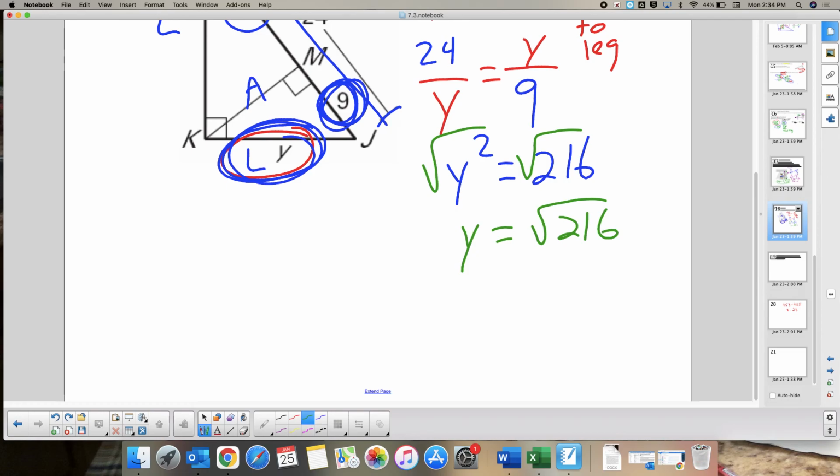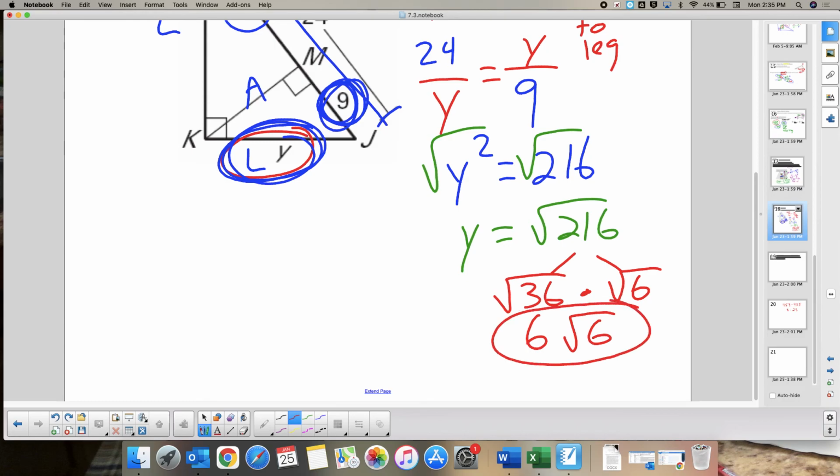Since they said simplest radical form, I cannot put this as a decimal. I need a perfect square that goes into it. Our perfect square that goes into it would be 36. It is 36 times 6. So the square root of 36 is 6. And there are no perfect squares that go into 6, so we are done. There's our answer for y.